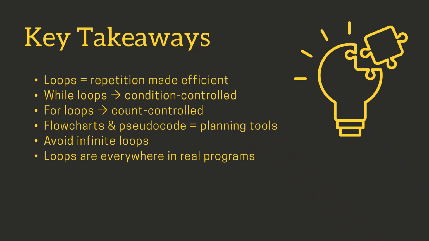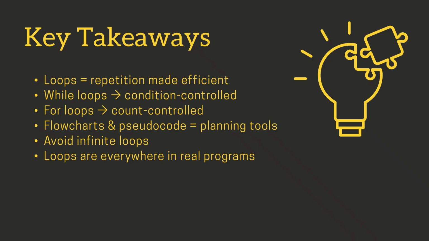Repetition structures, or loops, allow us to repeat instructions and execute code repeatedly without writing them several times. The two types that we really concentrated on were the while loop, where the condition controls it, and the for loop, where we actually use a count to control it.